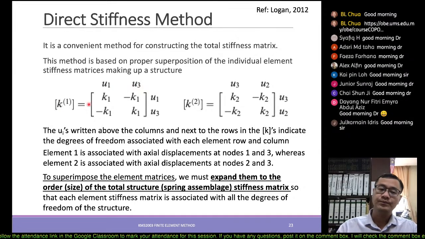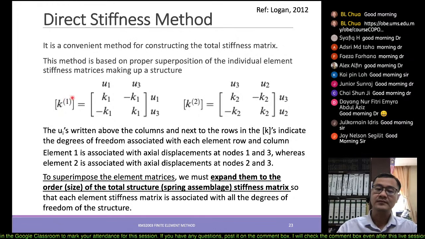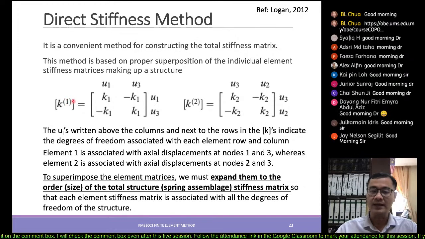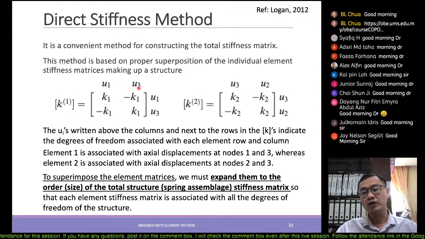Now let's take the stiffness matrix on this particular example. We can put K for element number 1 equals K1, minus K1, minus K1, K1. This element is connected to node number 1 and node number 3, therefore we put 1, 3, 1, 3 to denote it.